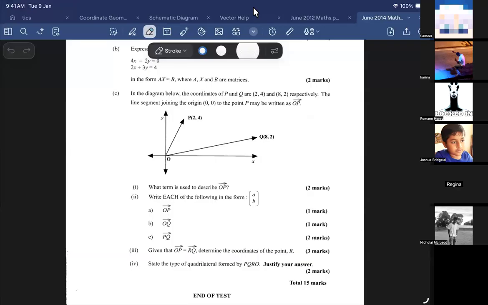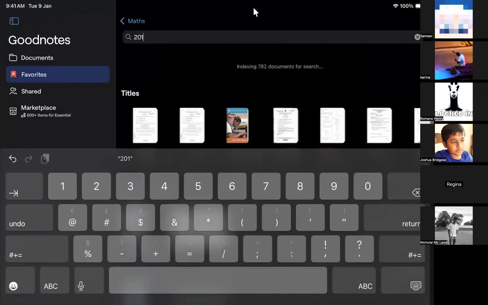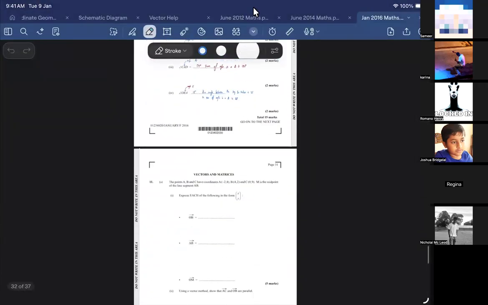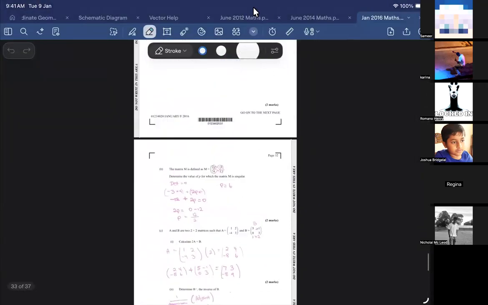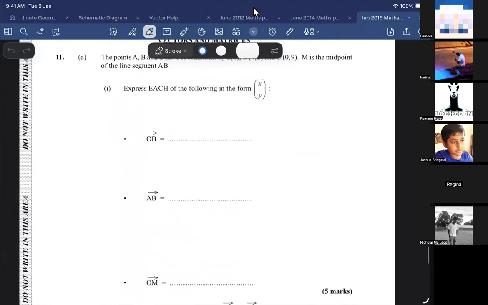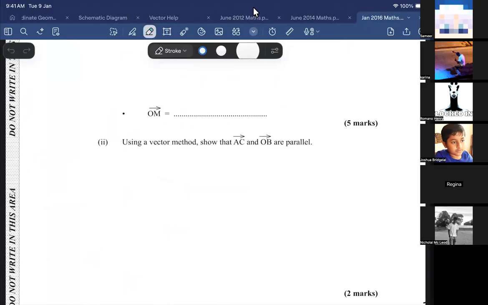This is a nice question, but not the type I'm looking for, because the more recent questions are just geometry. Maybe I could check 2016. Okay, not the type of question, but we could do this one because in part two they say show that they are parallel. So let me do this question quickly.